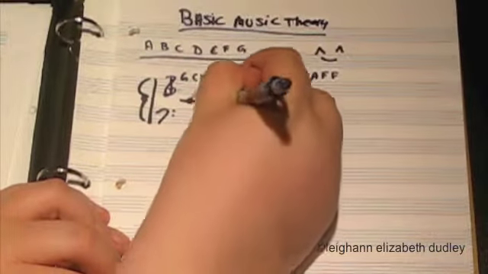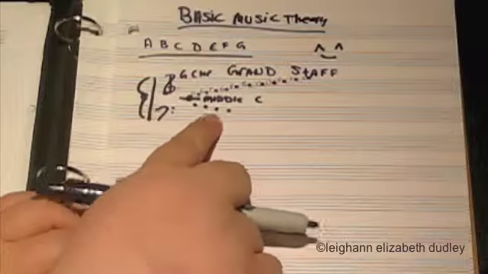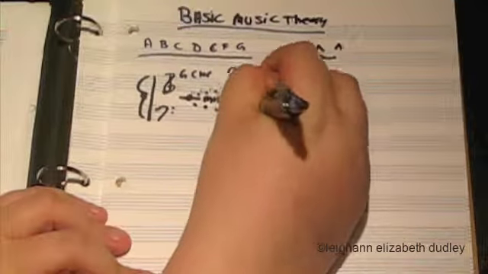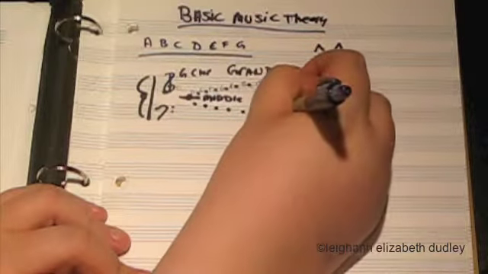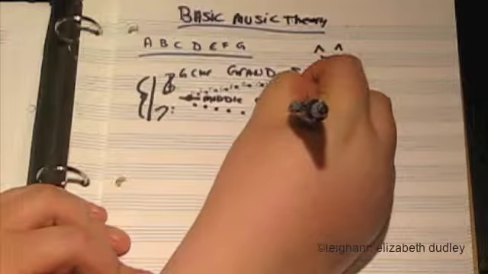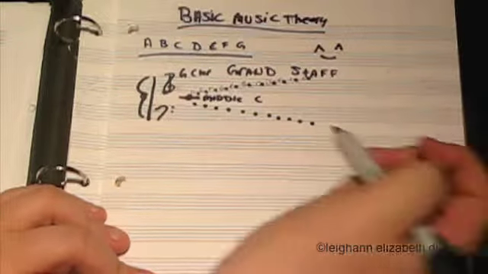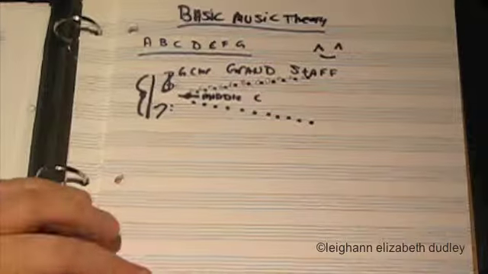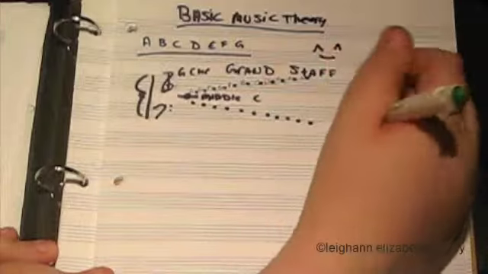That's A. G is that space. F is the same. See? F. E. D. C. B. A. G. And F is the first space below the staff. So we'll start from here.